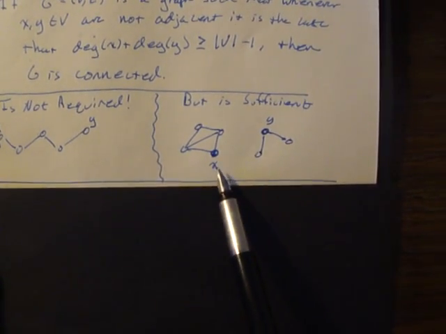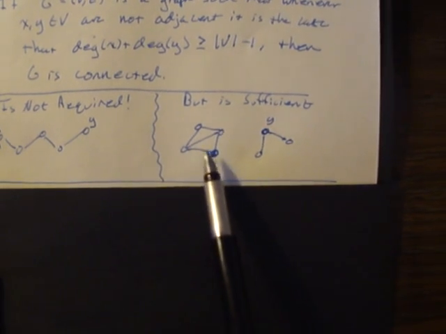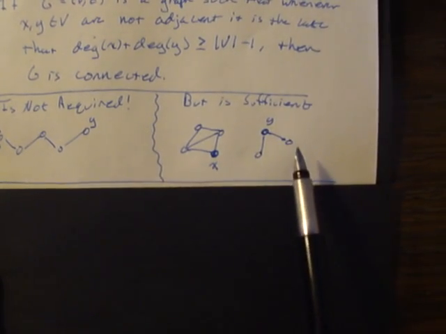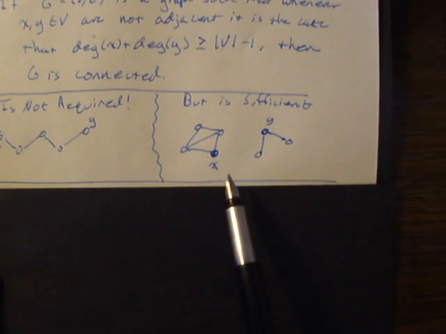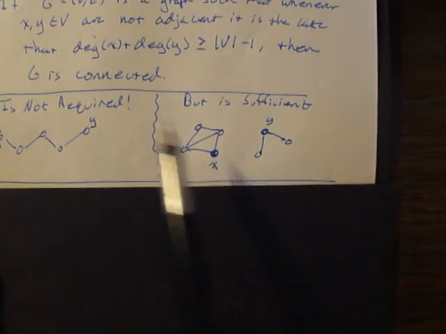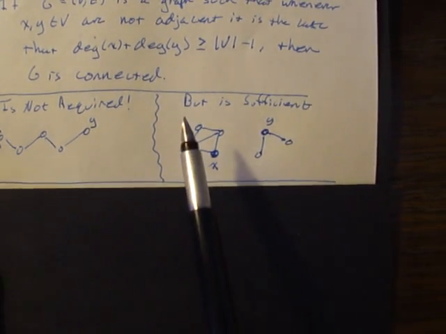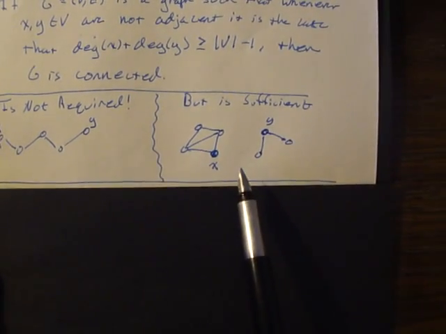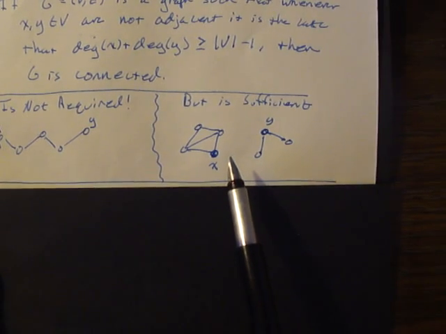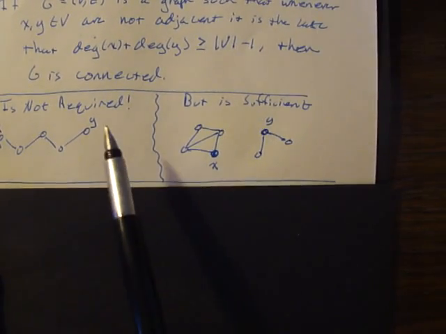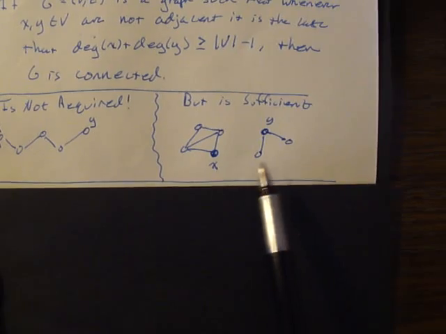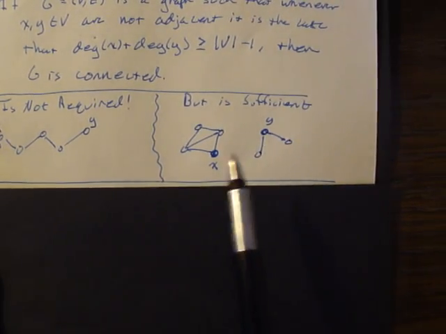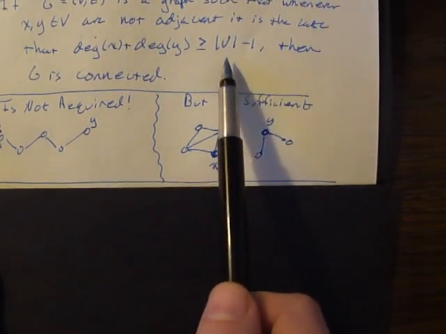Let's see. We have here a disconnected graph with 7 vertices, and if we pick two non-adjacent vertices x and y, we see that the sum of their degrees is in fact less than v minus 1.